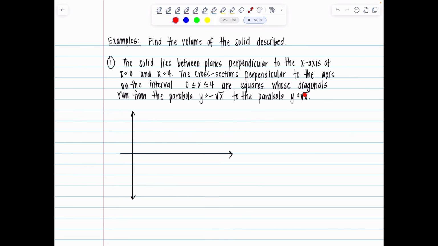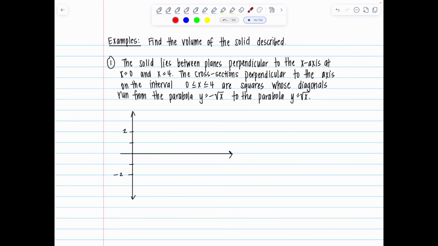Now, you probably don't think of square root of x normally as a parabola, but it is, because if you isolate x, it's x equals y squared. So we have both the upper and lower halves of x equals y squared on the interval from 0 to 4. So y is going to go up to 2 and down to negative 2. And they pretty much gave me a and b. Did you notice that?